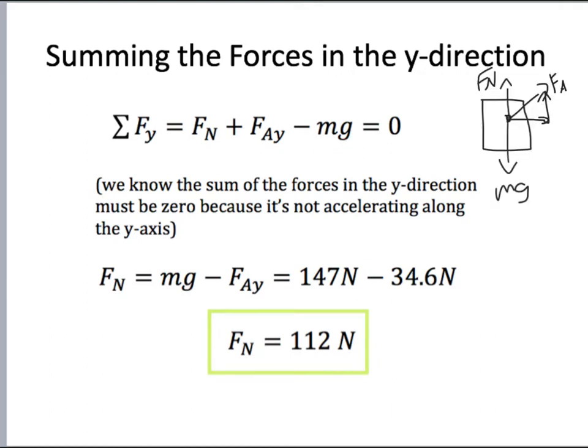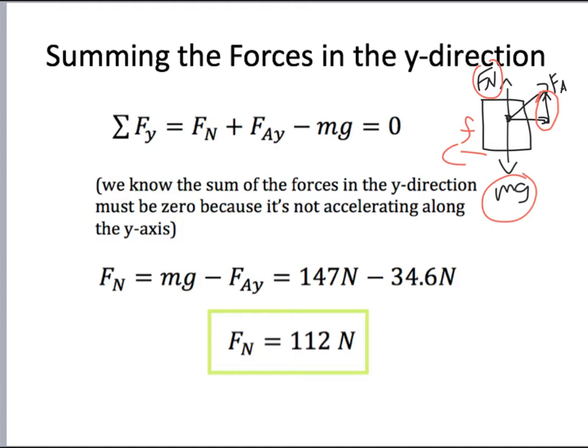So I've drawn in a bit of the picture here just to remind you, we had the vertical forces, the weight going down, we had the normal force pointing up, we had the applied force at that angle, which we broke into x and y components, and of course we'll also have the friction force, which is in the opposite direction of the motion, but the vertical parts are going to be the normal force, the weight, and the vertical part of the applied force, and that's what we have here.